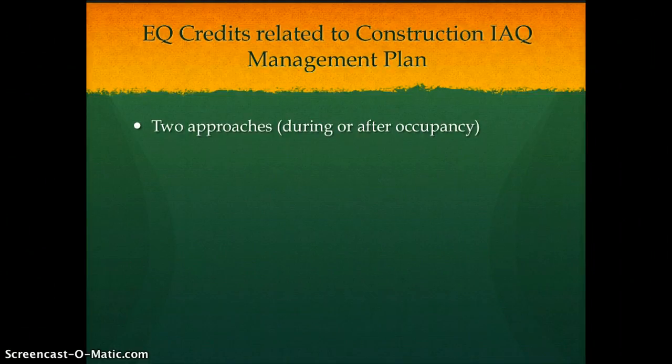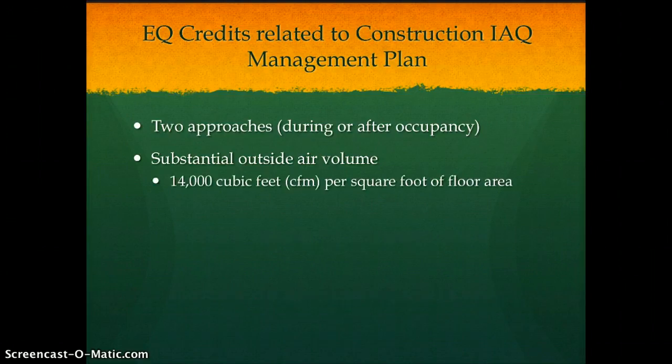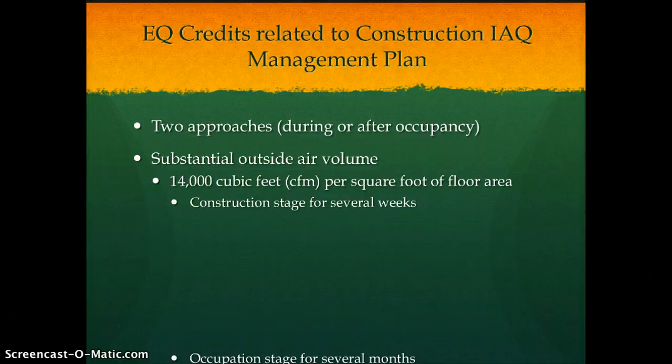Both approaches involve a substantial amount of outside air volume, 14,000 cubic feet per square foot of floor area. Whether this flushout occurs rapidly over a several-week period during the late stages of construction, or more slowly over several months during post-construction, moisture problems are likely to result in many parts of the country during the summertime.